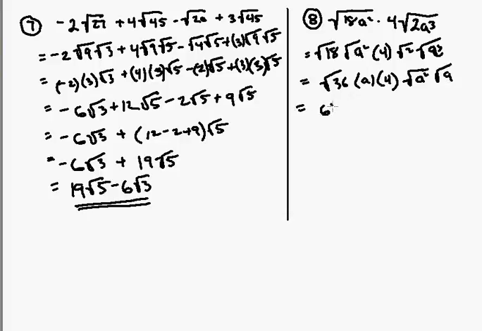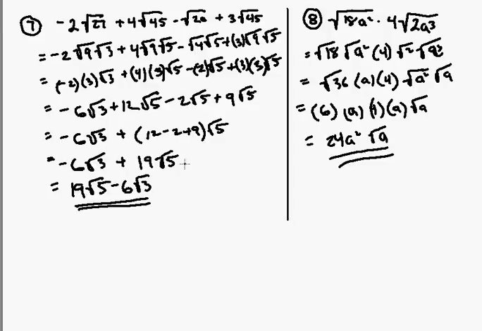This is 6, that's an a, that's a 4, that's an a, that's a square root of a. So the final answer is 24a squared square root of a.